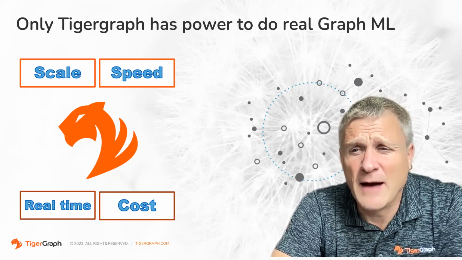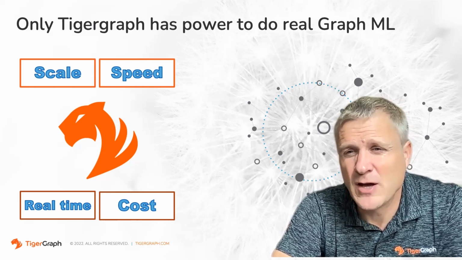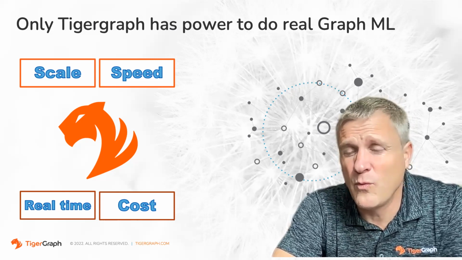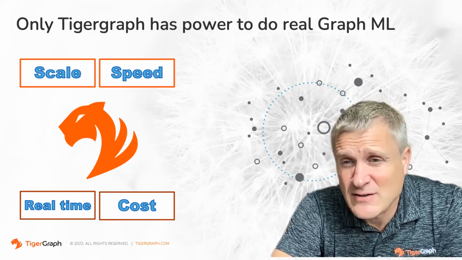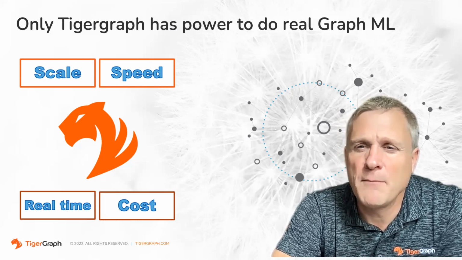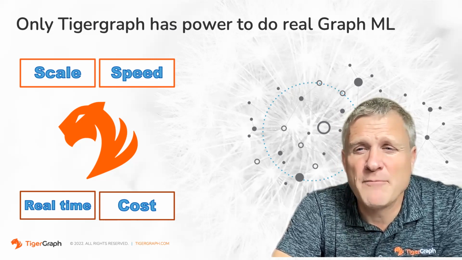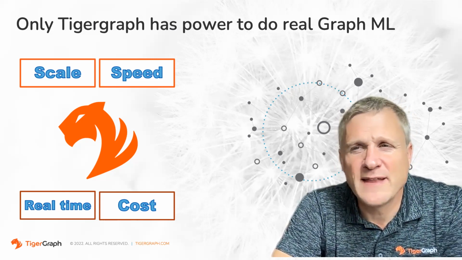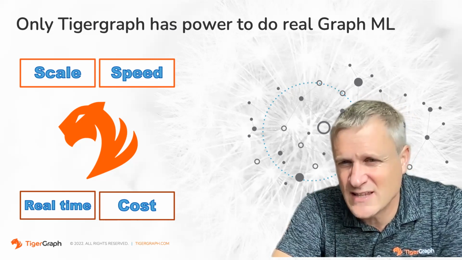And then finally, although we are not open source, you'll find that we're actually cheaper because we're able to operate at the speed and scale you need, and because we compact data in order to do that, we're much more parsimonious with the resources we use. When you're running a graph database, the cost is significantly the cost of the infrastructure.